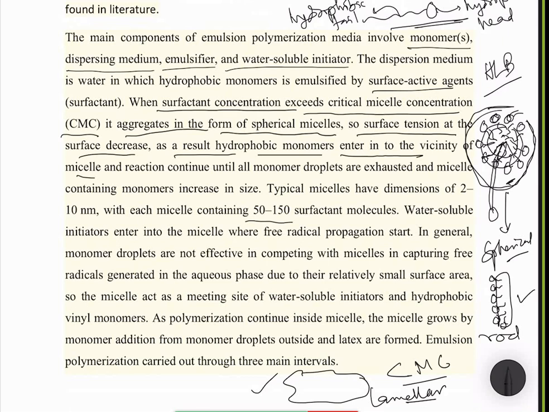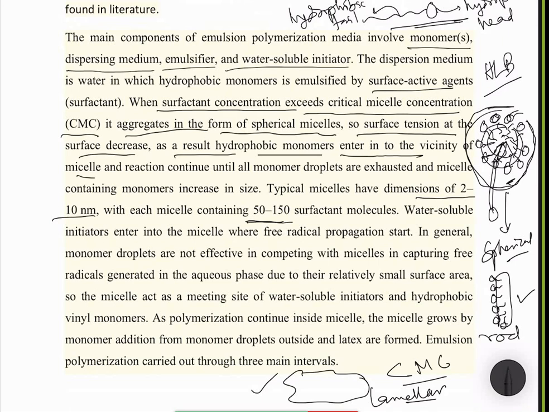Now these micelles contain about 50 to 150 surfactant molecules together, and the typical dimensions of these micelles are within 2 to 10 nanometer. And once some monomers diffuse inside, forming the monomer swollen micelle, the size is increased a bit.